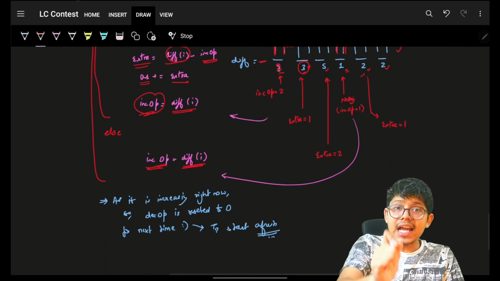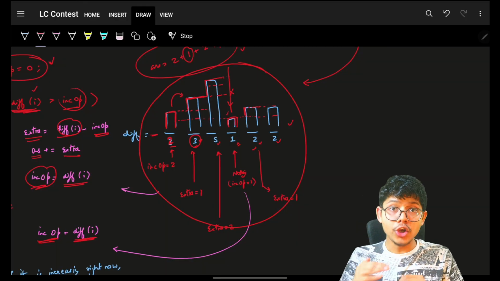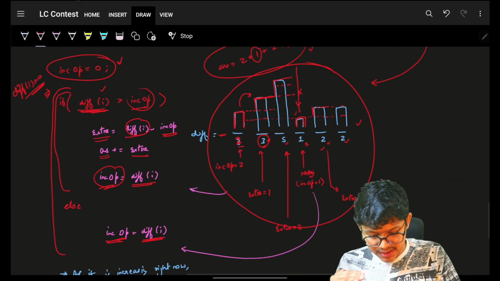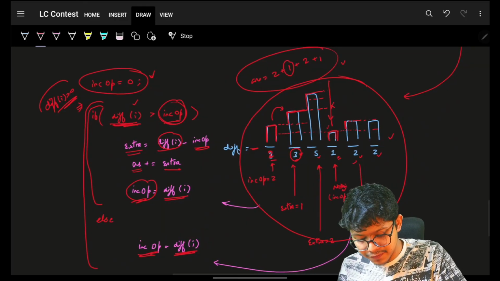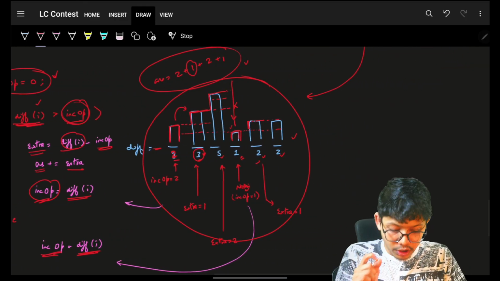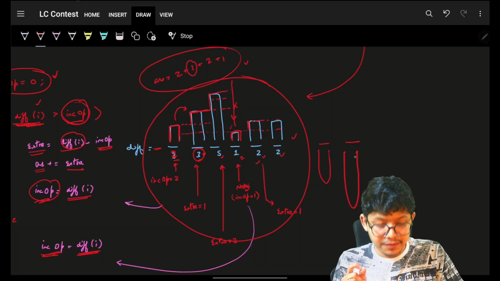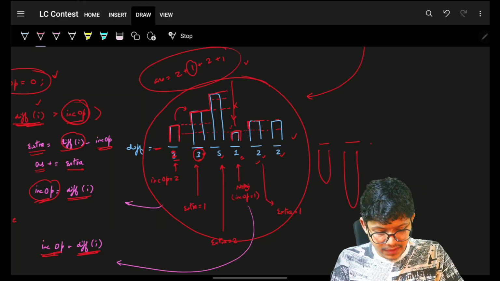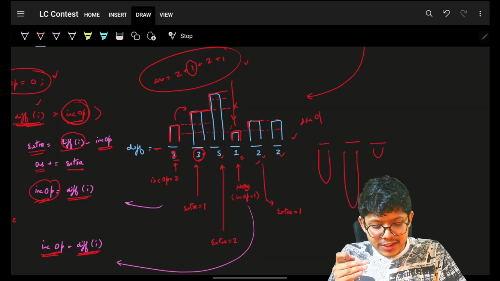Now, in this entire scenario, just do one thing: while you are handling your positive bar, because this is the increase operation, which means you are only handling when your diff is more than 0. As soon as you encounter some negative diff values, make sure you reset your decrease operation bar.